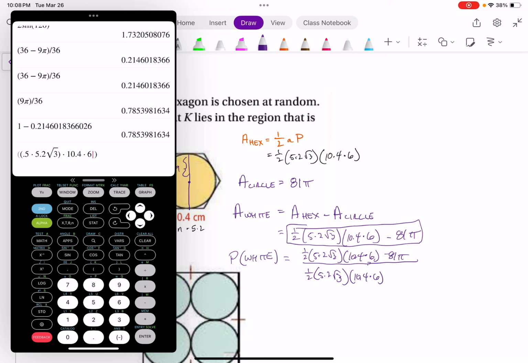And because it's all multiplication, I'm not really worried about order of operations. And minus 81 pi. So that should give me, just trying to look at my parentheses here. Those should all be accurate.